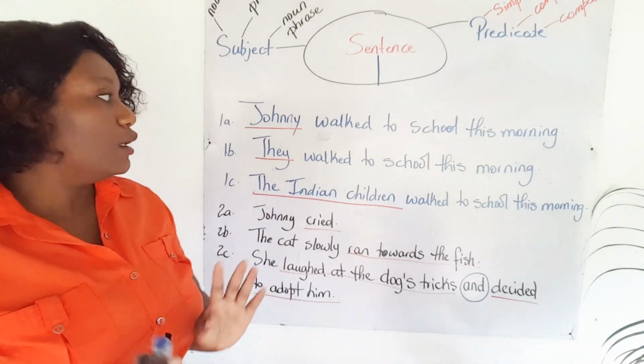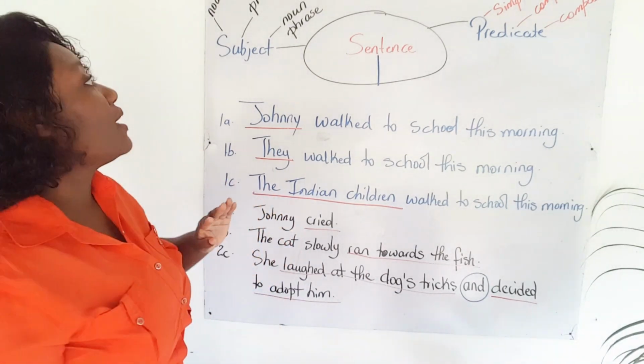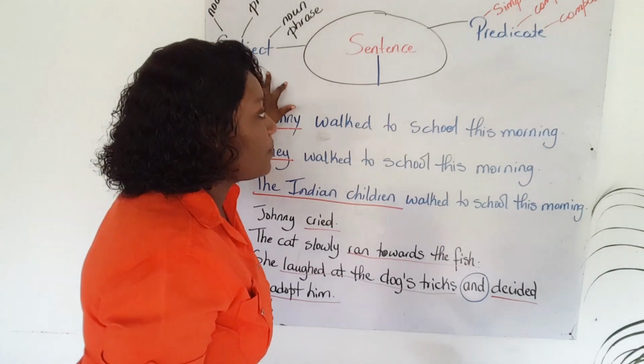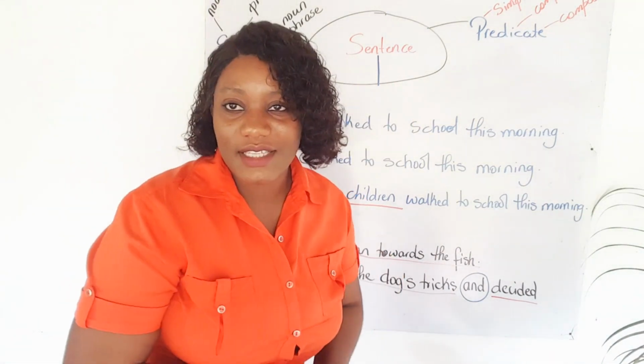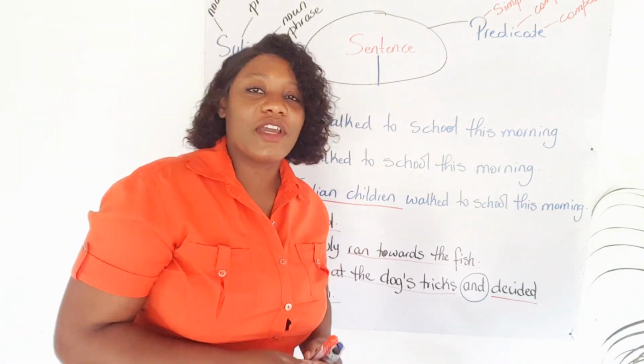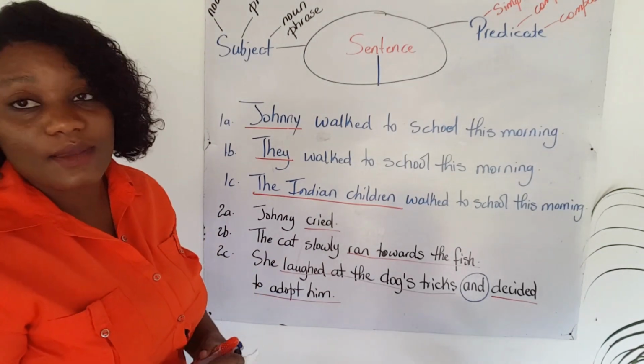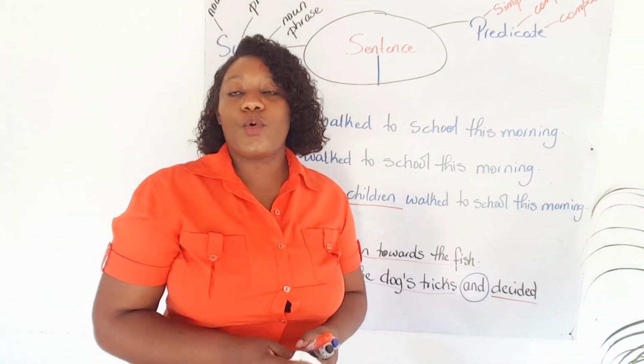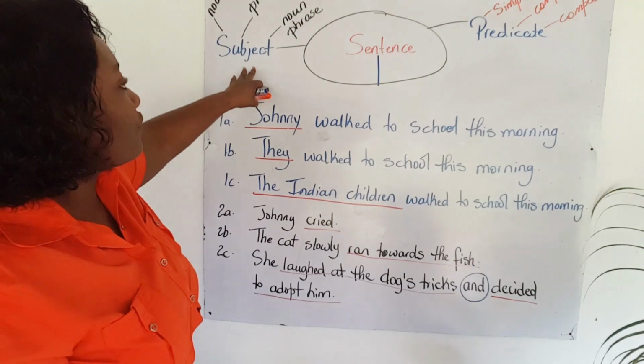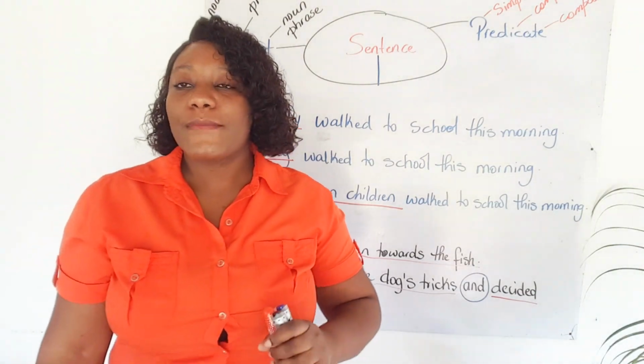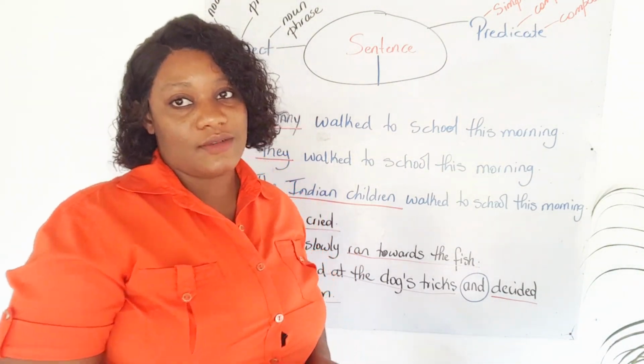Now we're going to be looking at sentences where we identify the subject and the predicate. And we're going to state whether the predicate is simple, complete, or compound, and if our subject is a noun, pronoun, or a noun phrase.